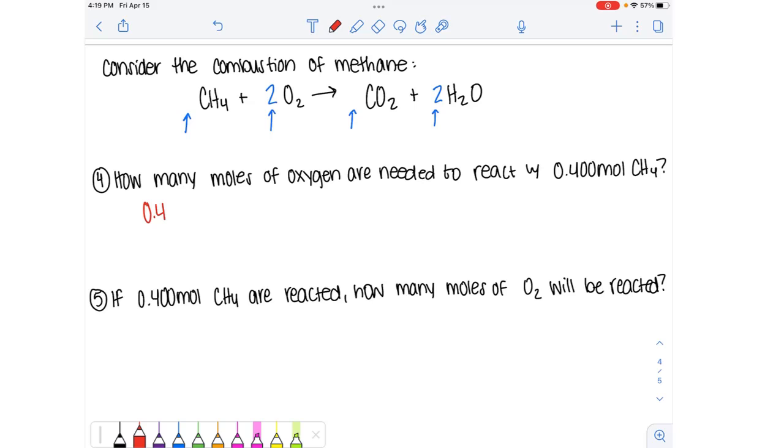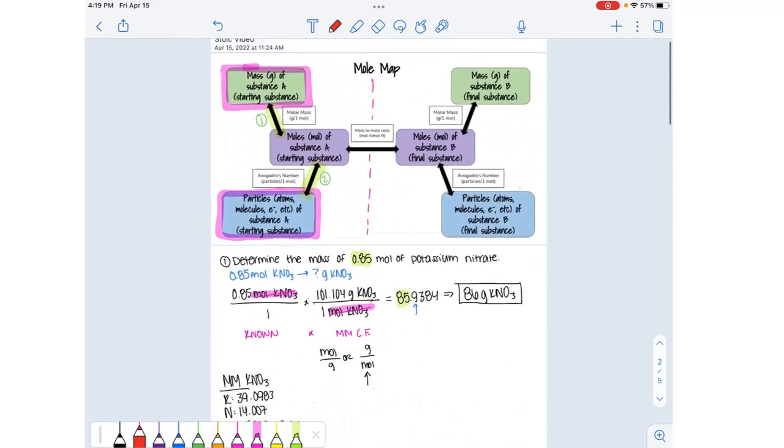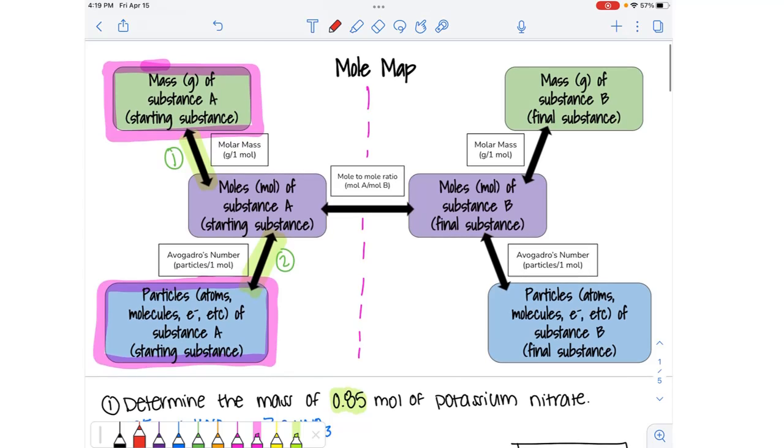So for this reaction, we can start by setting up our known quantity. We have 0.400 moles of methane. And I need to figure out how many moles of oxygen I need to react with. So to do this, I need a mole to mole ratio. Let me go back up and show you this on the mole map. So what we've essentially done is we've started unlocking the left and right hand sides of the mole map.